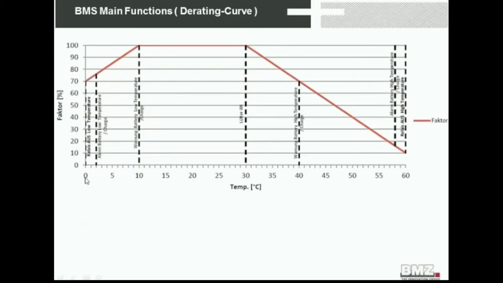Here on the x-axis you can see the temperature, and what happens when we reach or trigger a certain level. For example, at 0 degrees, the relay opens, low temperature. At 2 degrees Celsius, we give out an alarm message, low temperature.